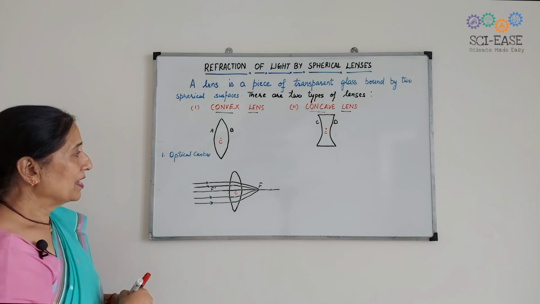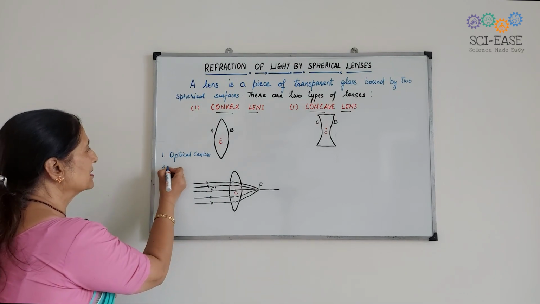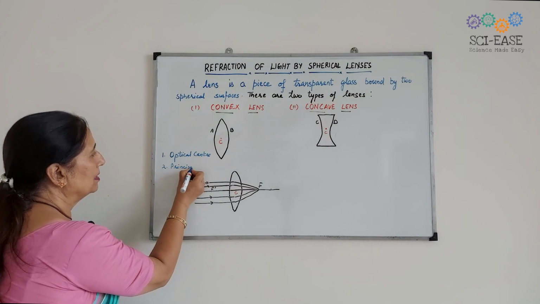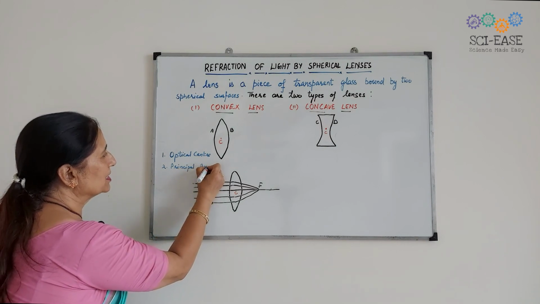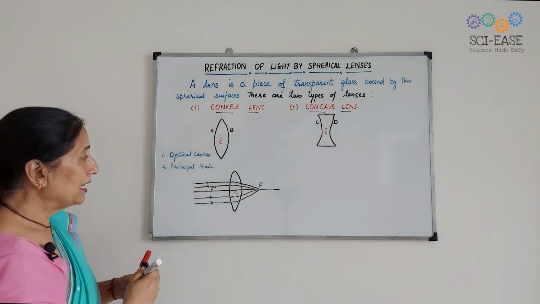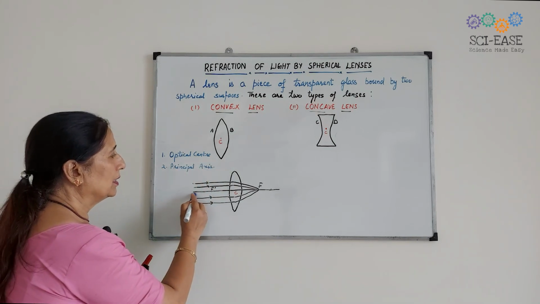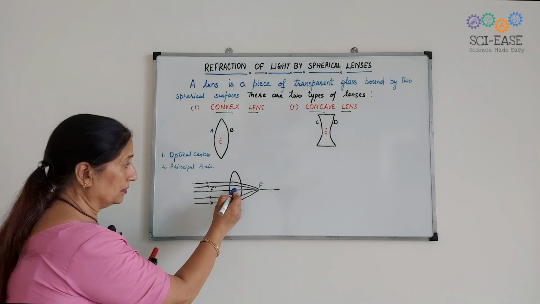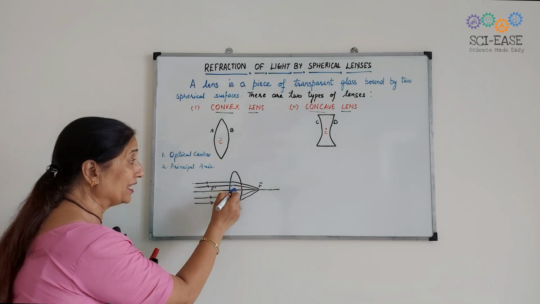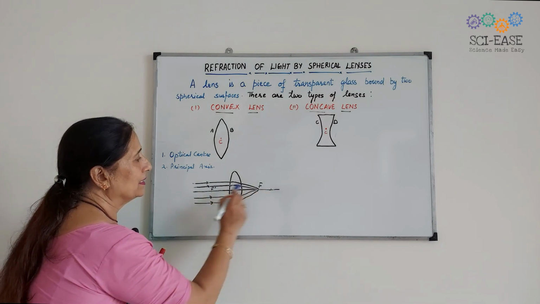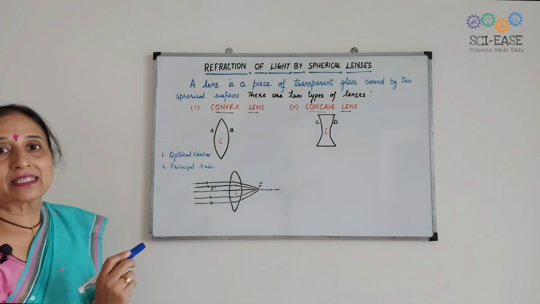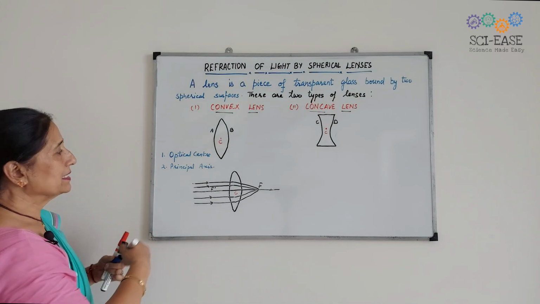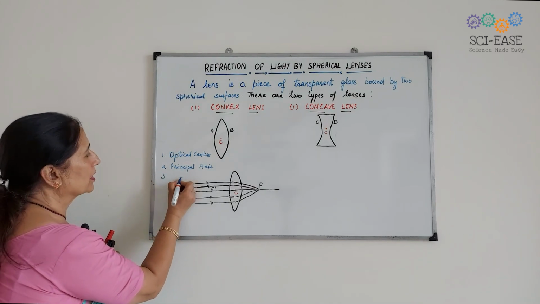The second term we have done is the principal axis. What is the principal axis? The line passing through the center of the lens, or you can say the optical center, and perpendicular to both the faces, that is the principal axis. Third is the principal focus.